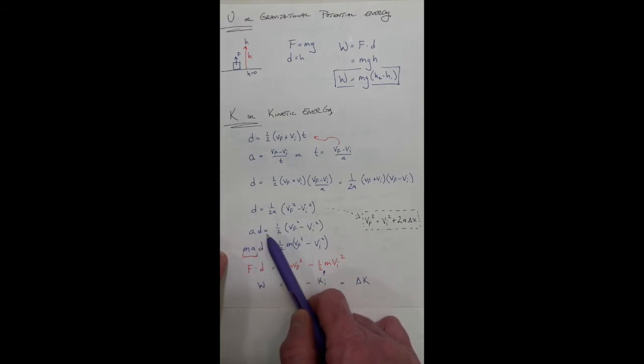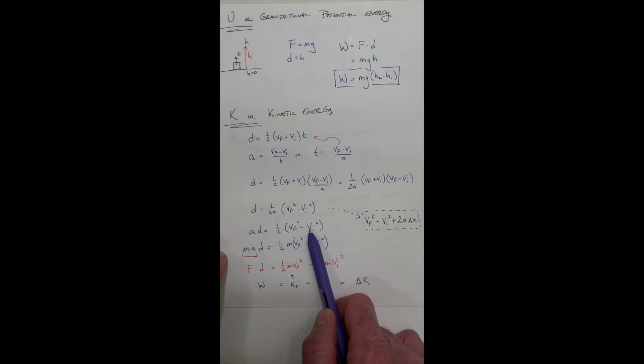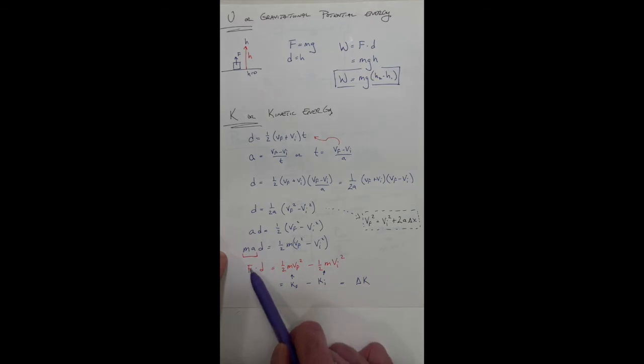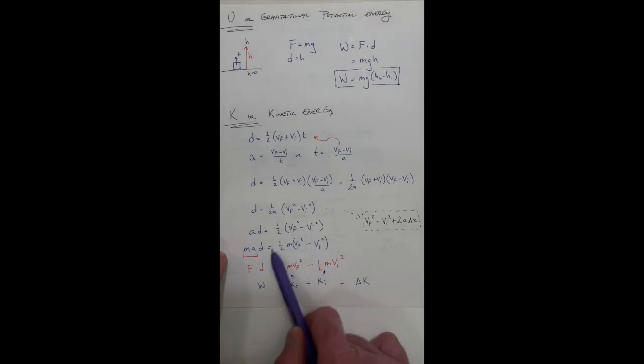I've got ad equals 1/2 vf squared minus vi squared, and I'm going to multiply both sides by m. Well, m times a is a force, and d is a distance, so the left side of my equation here is work. And here, if I multiply this out, I get 1/2 mvf squared minus 1/2 mvi squared.